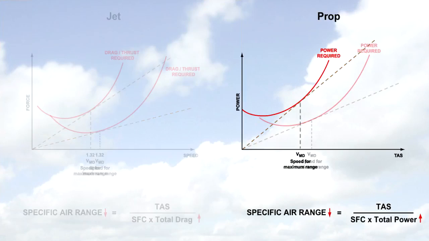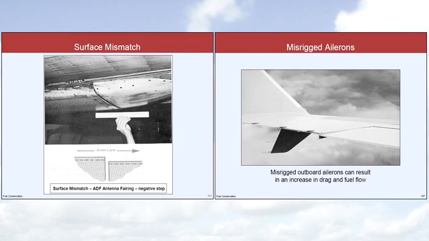However, notice that the speed for maximum range, 1.32 VMD, is now lower. Looking at the graph for a propeller aeroplane, you can see that matters are much the same. With gear and flaps deployed, more power is required. Therefore, fuel flow increases and range decreases. But also notice that the speed for best range, VMD, is lower. A point always to bear in mind in the cruise is that any increase in parasite drag will be detrimental to range and endurance.